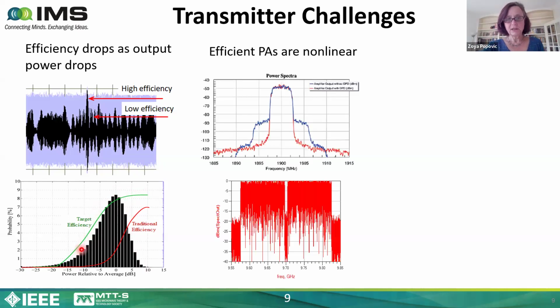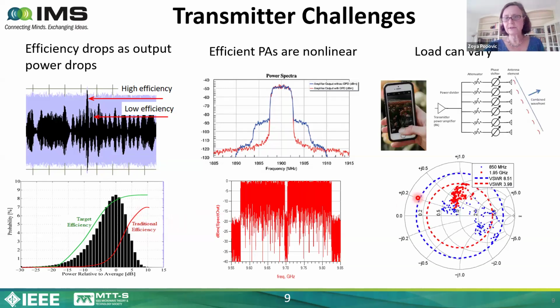Another challenge is that when you make a transistor very efficient, it turns out it's very nonlinear, and that's bad because it's going to produce spectral content outside of our band where we're actually not allowed to operate, and we're polluting other people. And so how do we make this linear? That's another trade-off. And then finally, the load can vary, and that's a whole other topic.